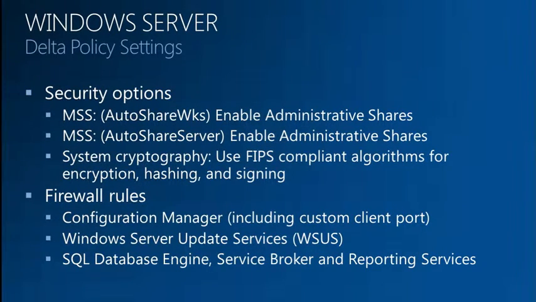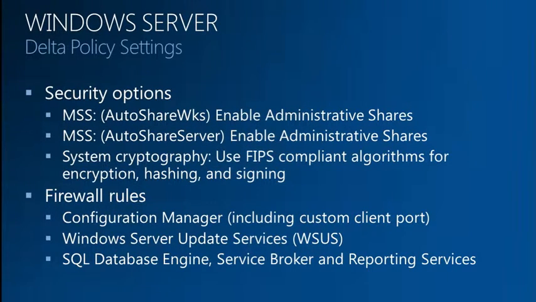FIPS, the FIPS setting here, that's a very common setting. It's enabled in the baseline that I'll show you. A lot of people will deviate that. They'll disable FIPS because it usually breaks applications. A lot of applications are not built to require that level of algorithms. Config manager is, SQL is, for the most part. There's one exception that I'll show you later.